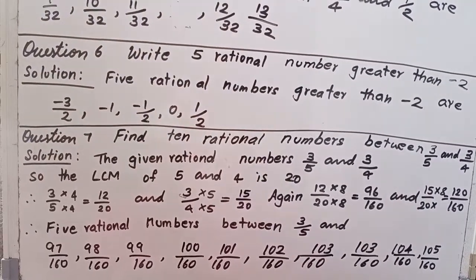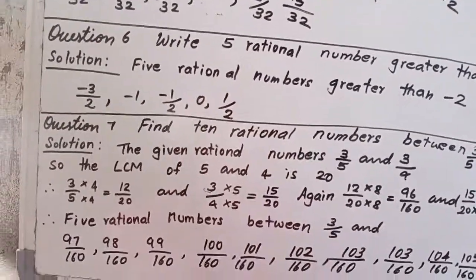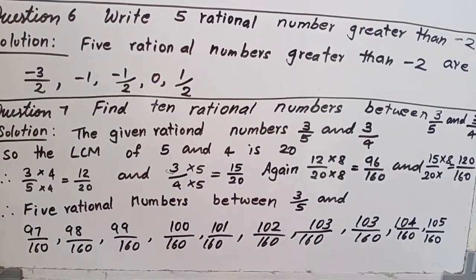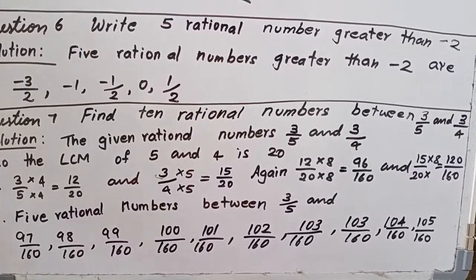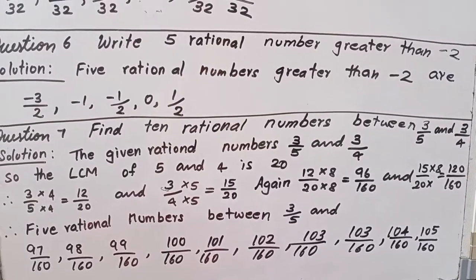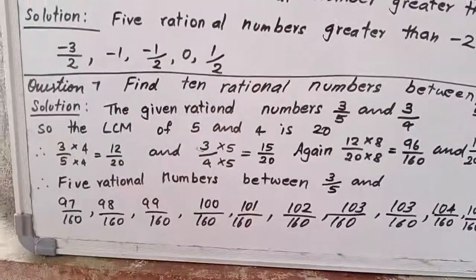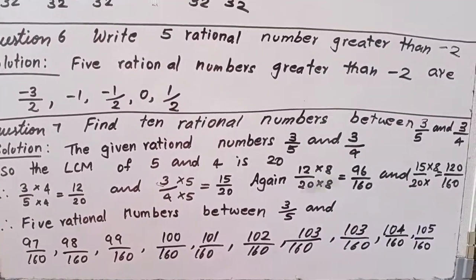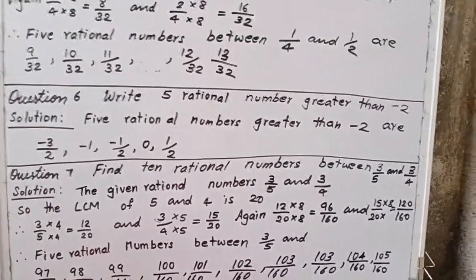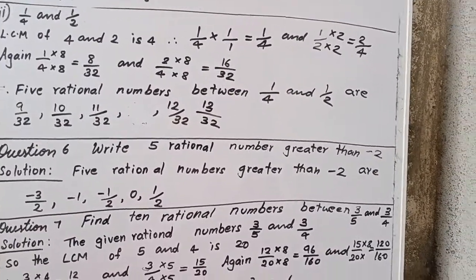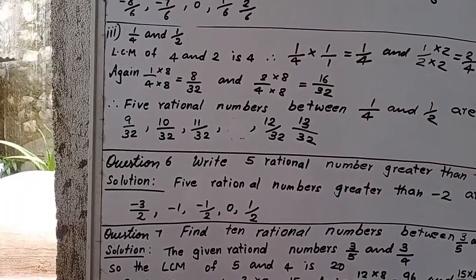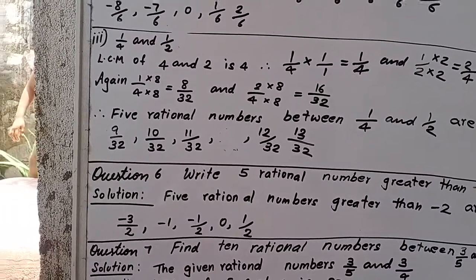So the rational numbers between 3 by 5 and 3 by 4 are 97 by 160, 98 by 160, 99 by 160, 100 by 160, 101 by 160, 102 by 160, 103 by 160, 104 by 160, 105 by 160. Hope you understood how to find rational numbers between rational numbers.